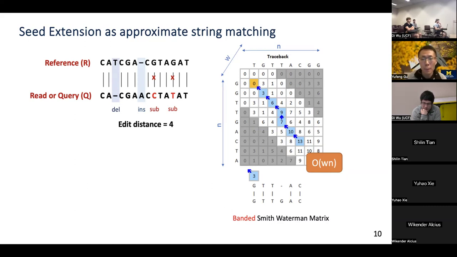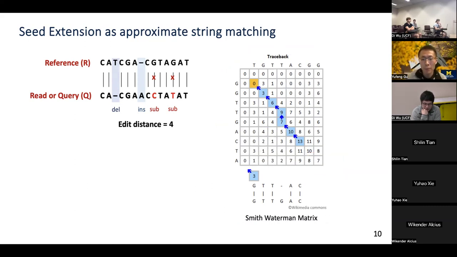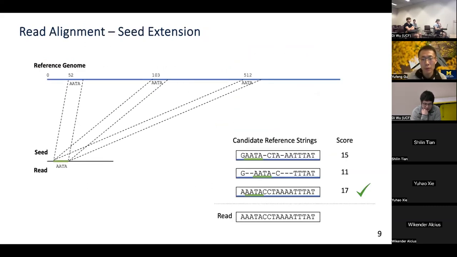Like in the previous slides where you were doing the multiple candidates. So say 103 is the correct site, but you pick 512 or something. Is there a way of knowing for sure that you're right? Or is that the score? You know what I mean?